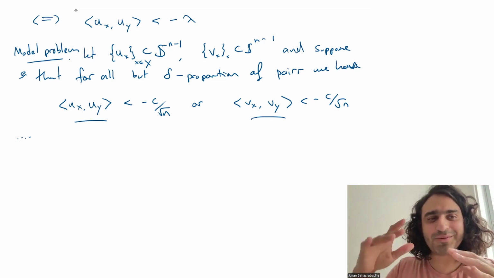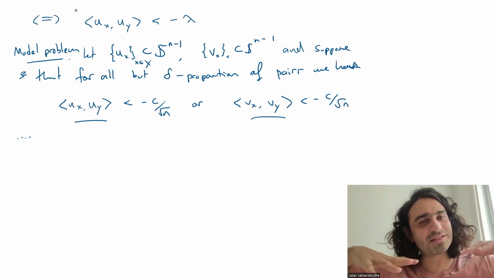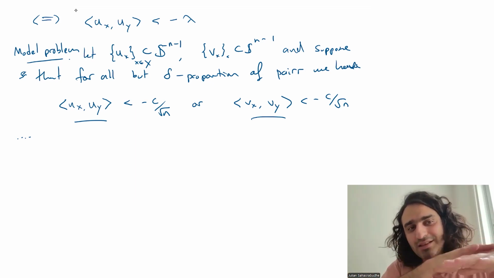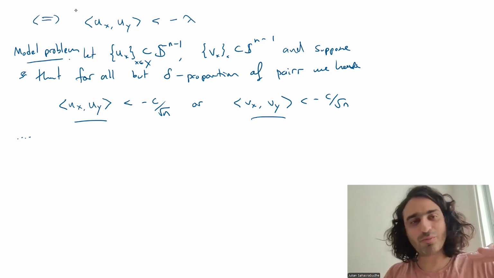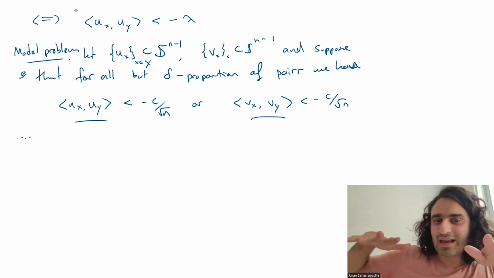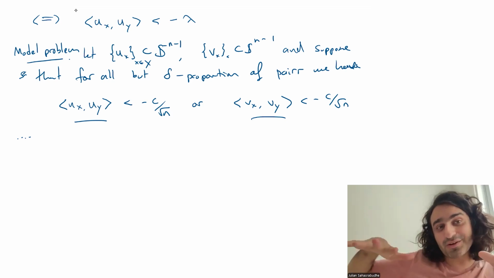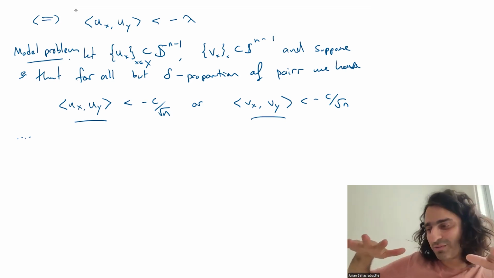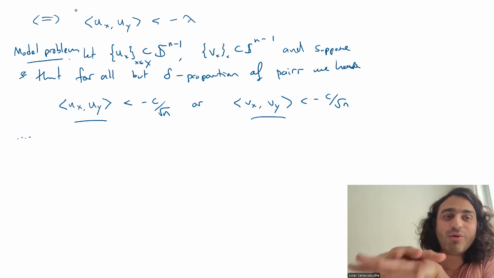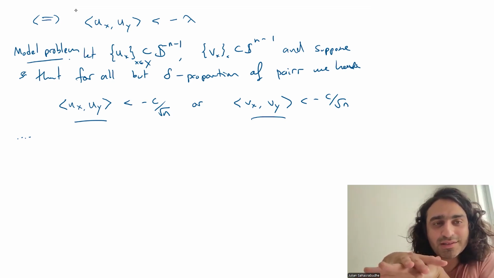If you imagine the graph, there's kind of two graphs on these sets of points. One graph is where you join two points when the u inner product is negative, and another graph where you join two points when the v inner product is macroscopically negative. This property says you can put them together and cover almost all the pairs, all except for delta pairs.